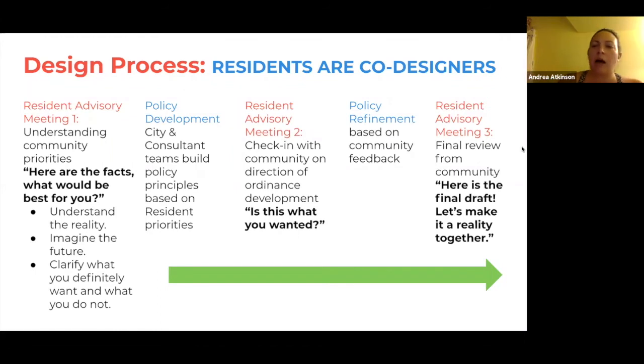What are the more detailed pieces of this that we need to look at? And then the final meeting in November is going to be about the final draft. And we all know that policy doesn't end there, and that there will be a lot of push at that final piece to make sure that folks stay engaged.